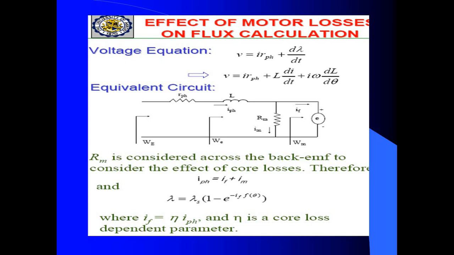It is the voltage equation: V is equal to I into R phase plus d lambda by dt. Here V is equal to I into R phase plus L di by dt plus I omega dL by dt.